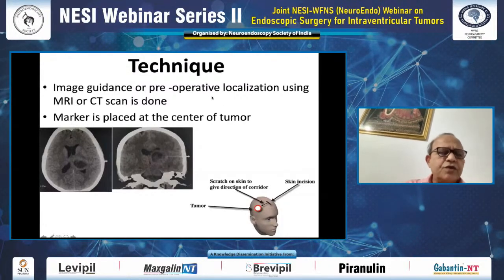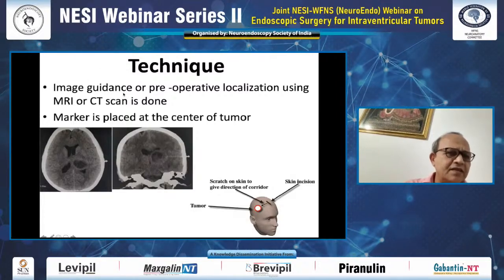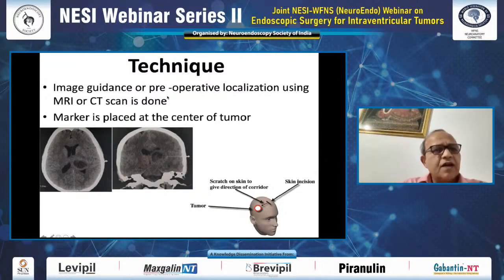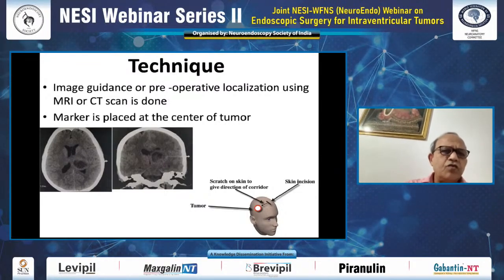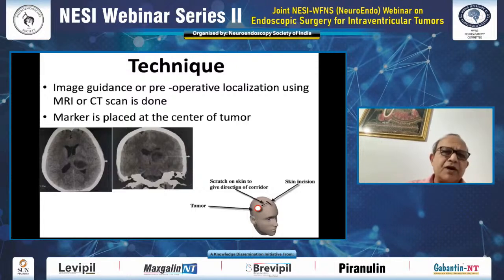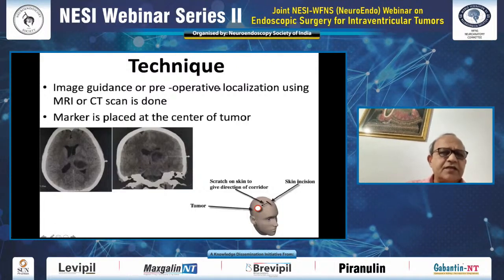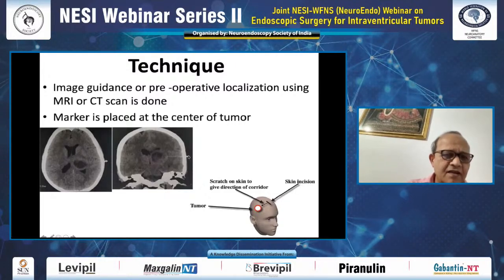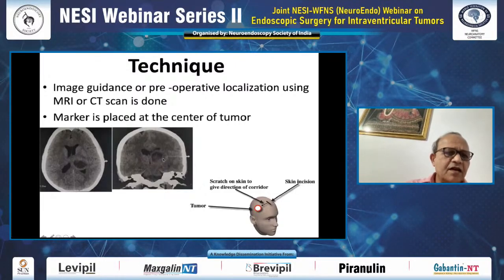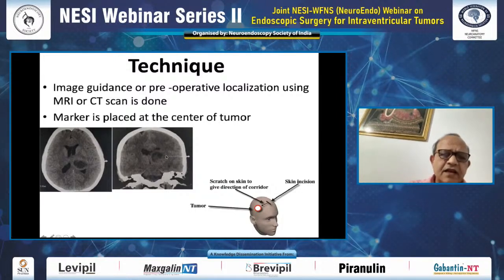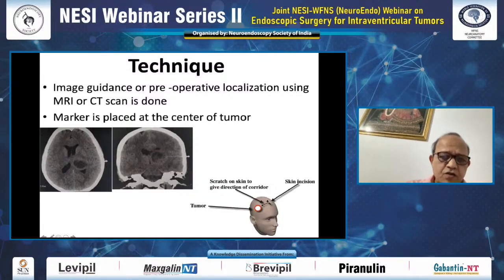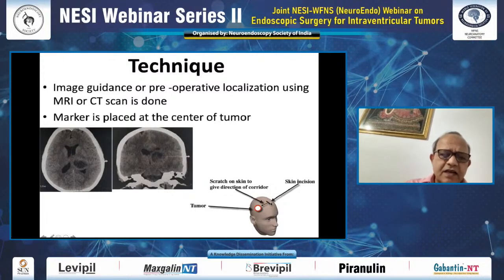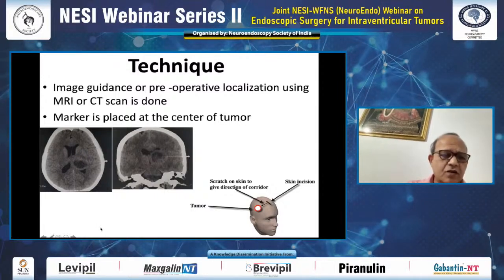Regarding the technique which we use, you can use image guidance, which is important if you have facilities, but if you don't have it, then also there is no problem. We have been using CT scan or MRI for localizing the lesion. Pre-operatively, you can have a marker placed at the center of the lesion, and then you can decide where you want to make a small craniotomy or burr hole, and decide the trajectory accordingly.